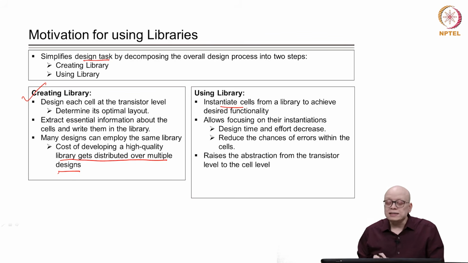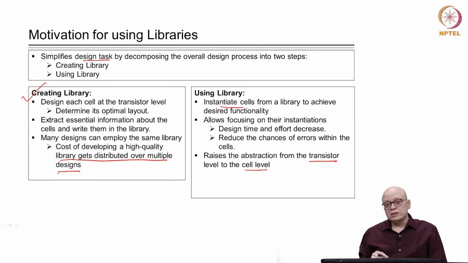And it raises the abstraction levels of the tools that are used in the design flows. So, it raises the abstraction level from the transistor to the cell level. What it means is that, suppose a tool is doing timing analysis. Now, the timing analysis need not be done on a design at the transistor level, but the tool can do the analysis at the cell level, using a higher level of abstraction.